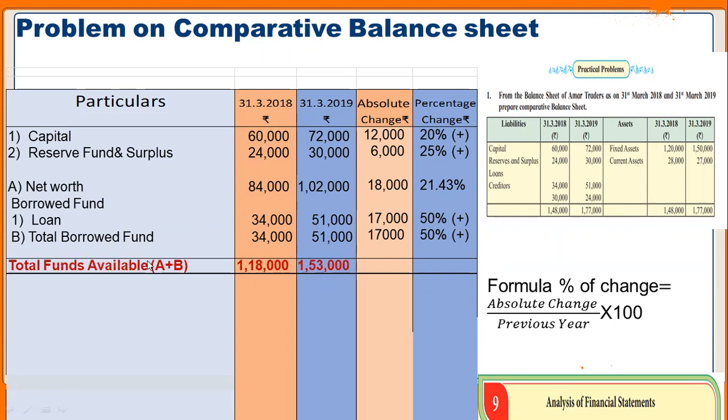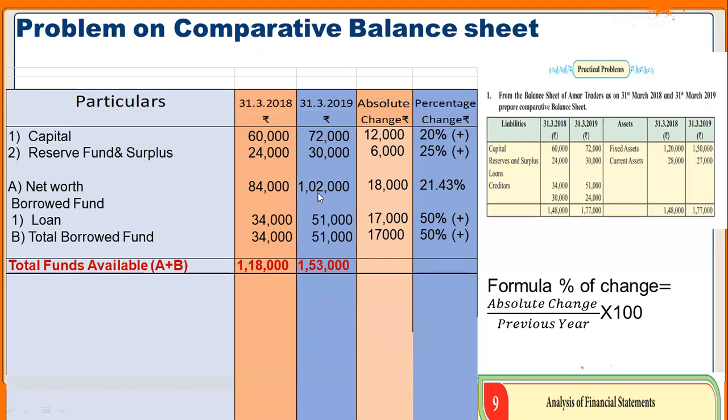So total funds available, A plus B, means net worth plus total borrowed fund. Net worth is 84,000, total borrowed fund is 34,000. Both items total 1,18,000.